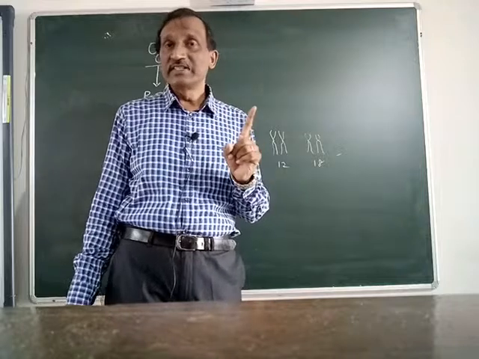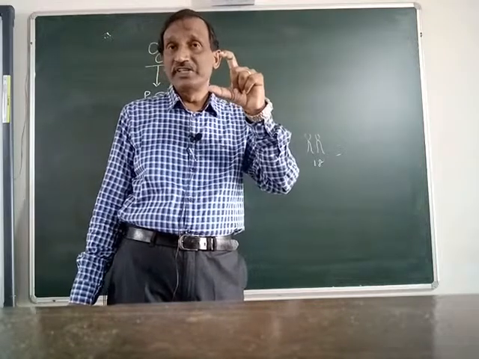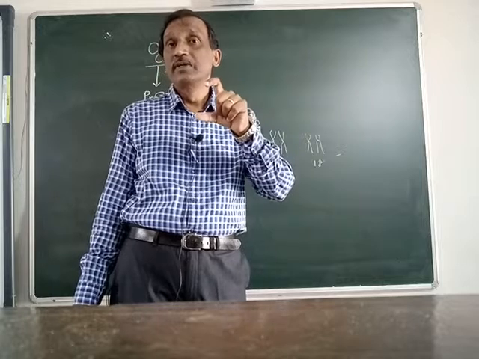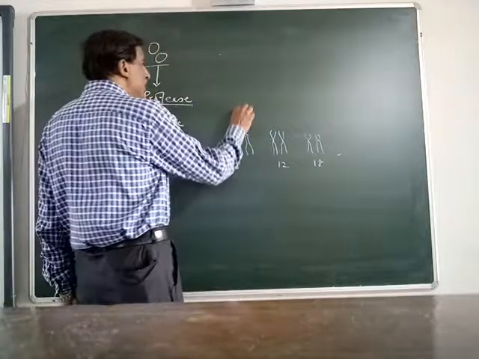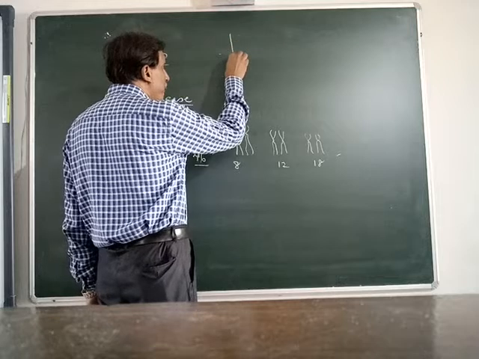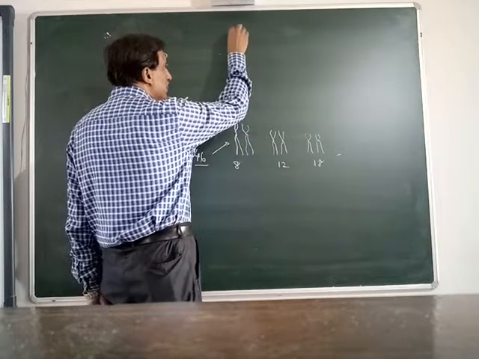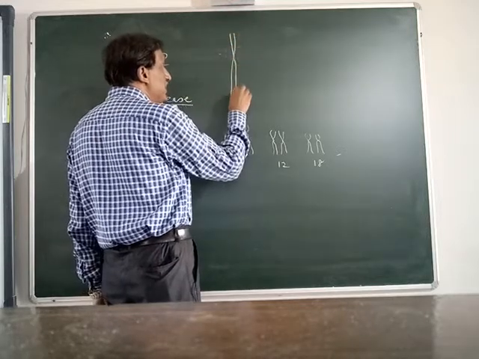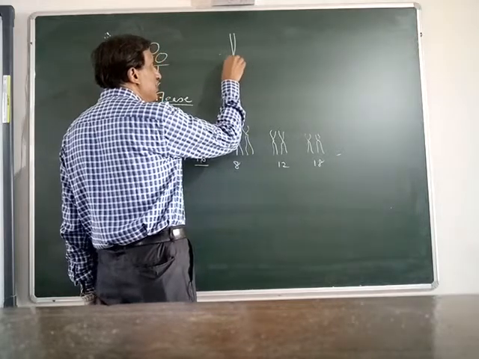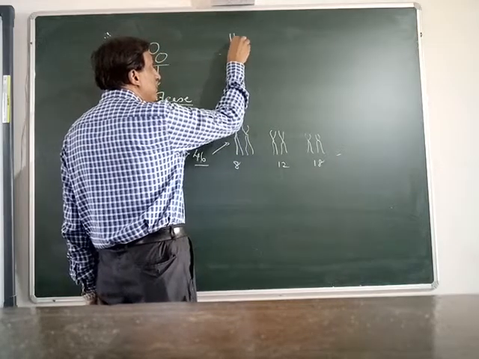We are not picking the segments which are a part of some genes, because they may be exactly the same in two people. But between the genes, there are some repeated units. Suppose this is the DNA. In this DNA, from here to here is a gene, from here to here is a gene, and there are a number of genes.